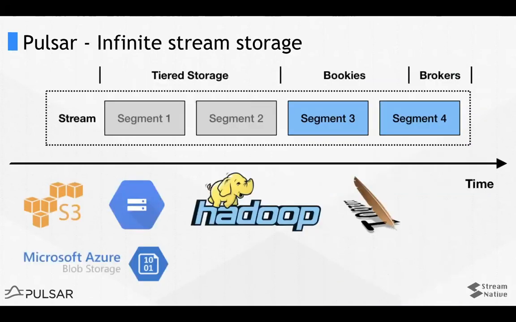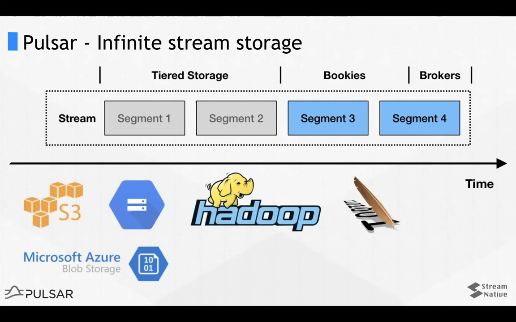And the last one is that the common abstraction of Pulsar is an infinite stream, and the stream is broken down into segments. The latest data is cached on brokers, and the segments are stored in the storage layer called Apache Bookkeeper.